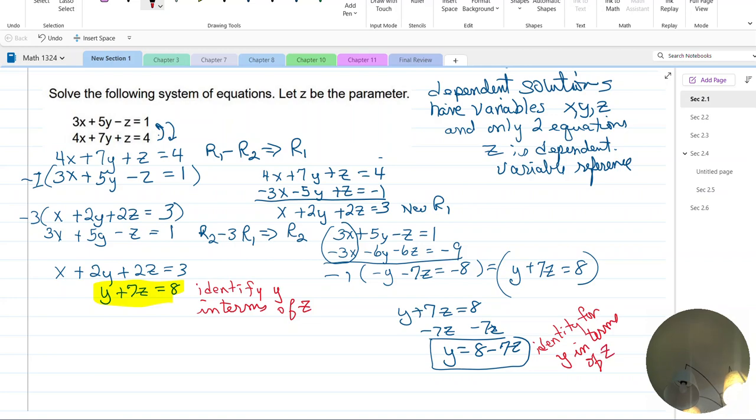So that is a solution. This part is a solution.